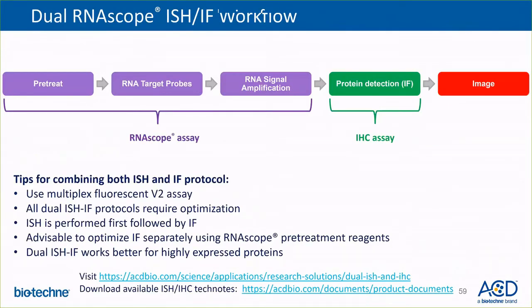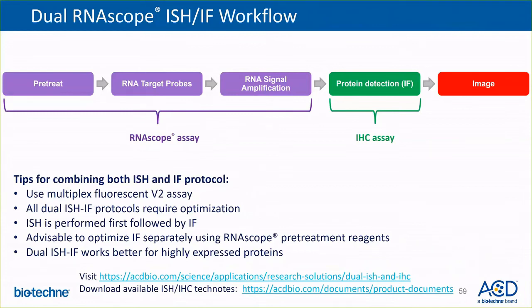One of the most asked questions is, can you combine the RNAscope ISH with IHC or IF? And the answer is yes. Both procedures have a similar workflow shown here that requires sample fixation, pretreatment to unmask your RNA or protein, and subsequent detection. For IF dual staining, we recommend running the Multiplex version 2 assay.